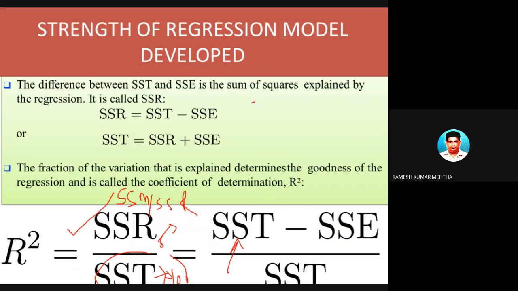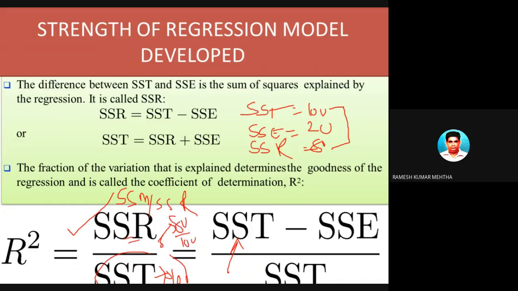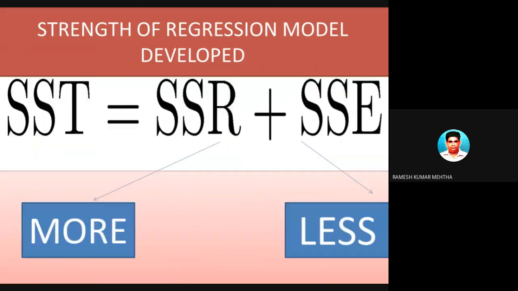For example, SST is 100, SSE, the sum of squares of errors or residual, is 20, and the sum of squares of regression or model is 80. So the strength of the model is, out of 100, 80 is explained. So 80 divided by 100, or another method, 100 minus 20 by 100, is again 80 by 100.